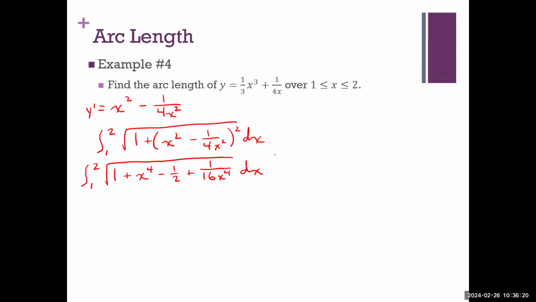Is this an integral we can do? I don't think I'm convinced yet either way. So let's simplify one more time. So I get x to the 4th plus 1 over 16x to the 4th plus a half. Can we try to pull some things out of the square root like we tried last time? Can I add all these things together to get a common denominator?